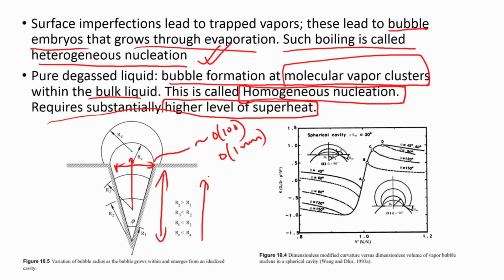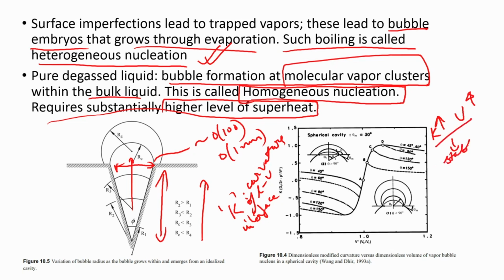Now, if we consider K as the curvature of a liquid vapor interface, and if K increases with increase in vapor volume, say if the vapor volume V increases and K increases, then we call this stable.